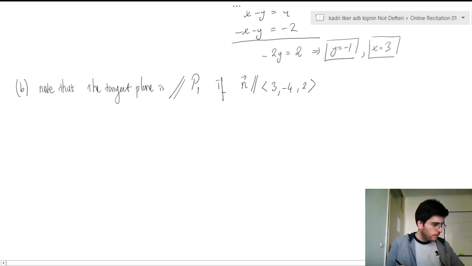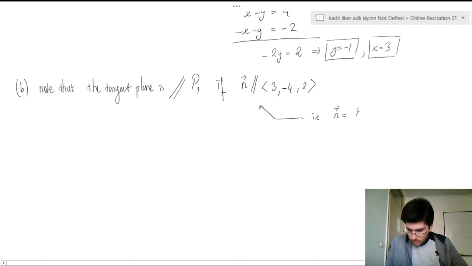For simplicity, that means this normal n should be k times the vector (3, minus 4, 2) for some k.